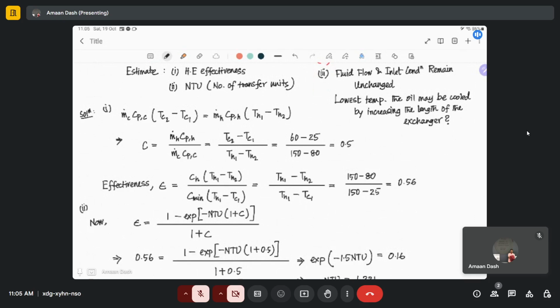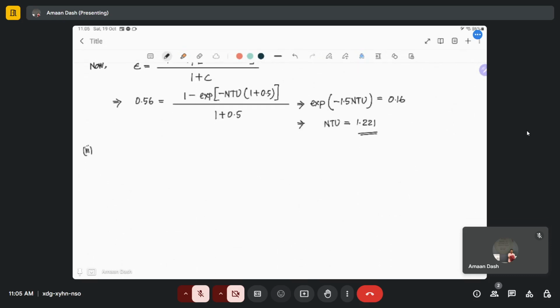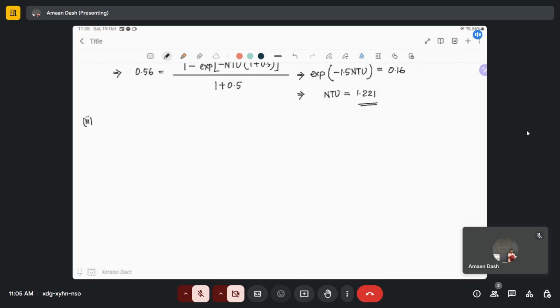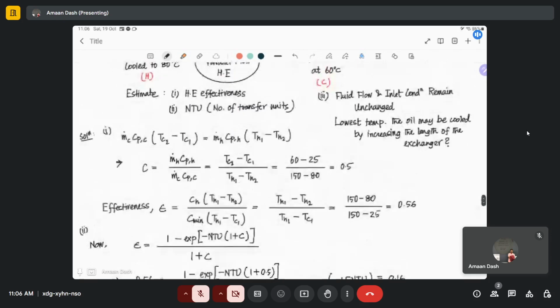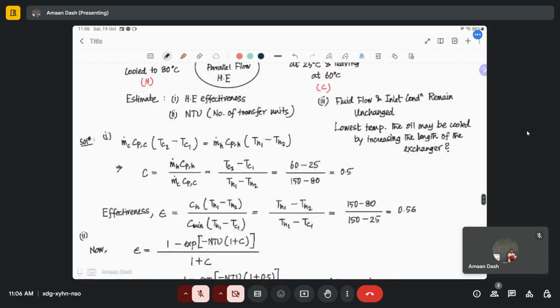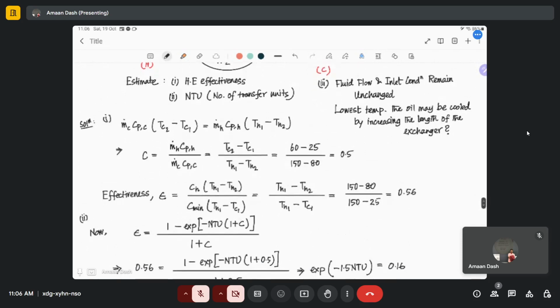The exit temperature will be minimum when we increase the length of the exchanger to infinity.